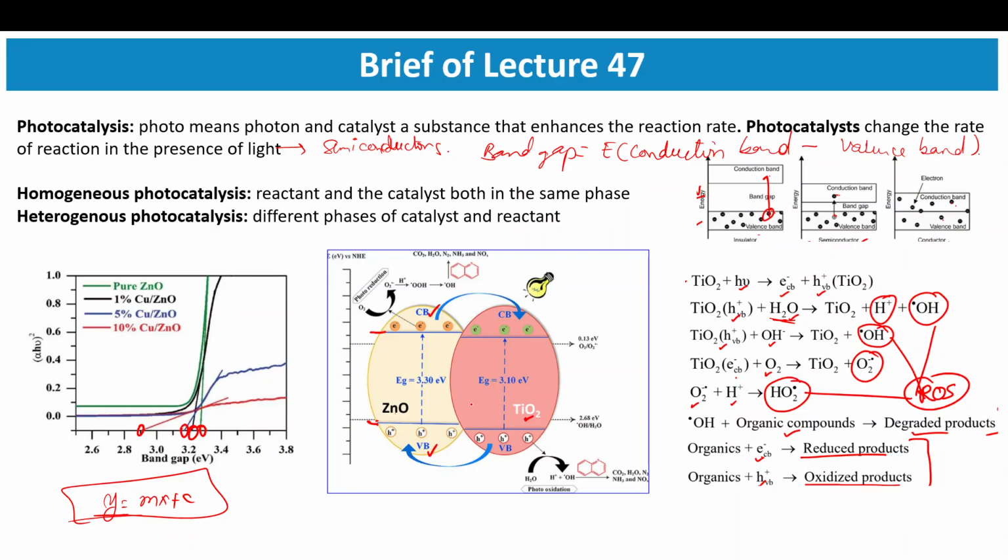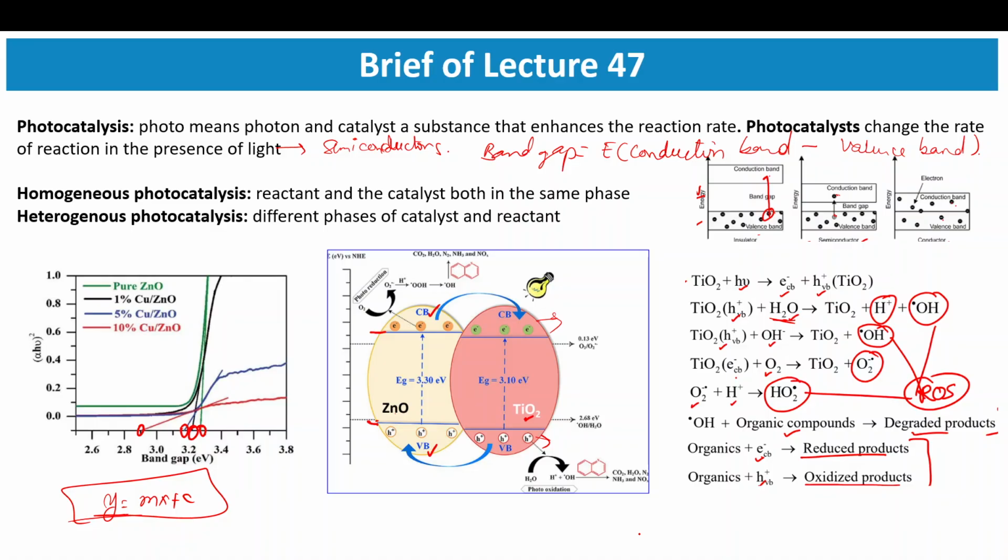So basically, at both bands, conduction and valence, you are trying to generate radicals that at the end go into the bulk water stream and degrade the organic products, right? That is why photocatalysis is known as an advanced oxidation process.